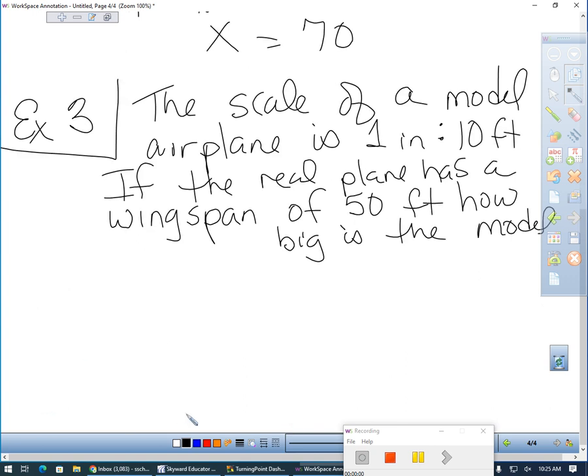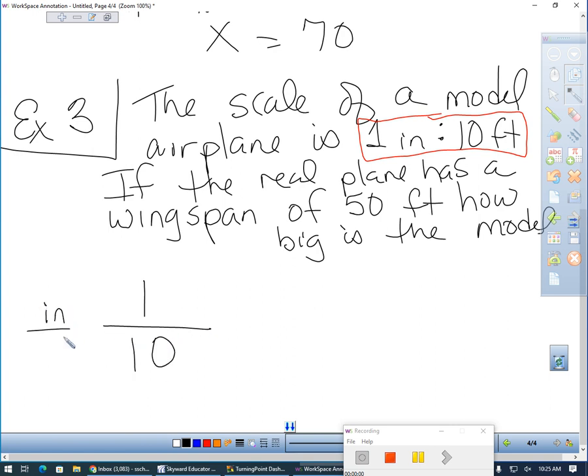All right. So, first of all, our first proportion is the scale that we're given. So we have 1 inch is 10 feet. So we have inches over feet. Or you can say this, the model over the real one, right? So then if I know the real wingspan is 50 feet, does that go on the top or the bottom? On the bottom. So I have 50 on the bottom.